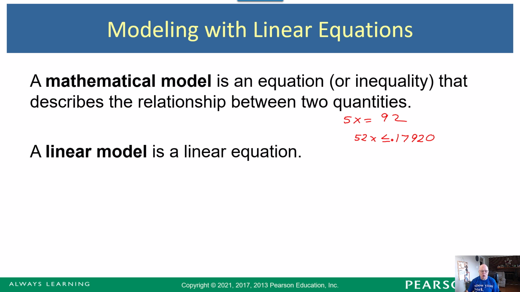A linear model is a linear equation, and a linear one means your x's only have ones for the exponent, nothing else. No negatives, no fractions, just ones. No twos, no threes. Twos and threes look good, but not for a linear equation. A linear equation has an exponent on the variable of only a 1, also known as just x.